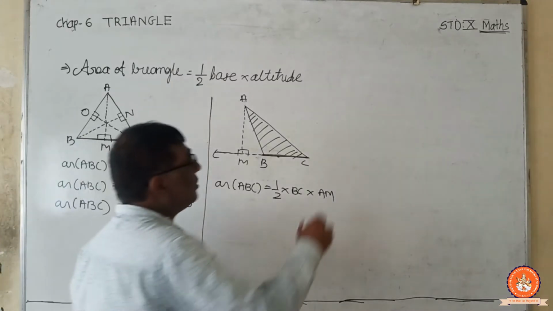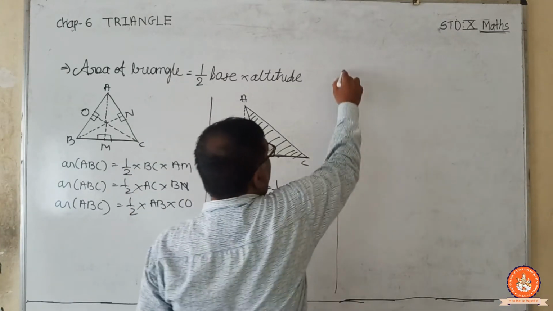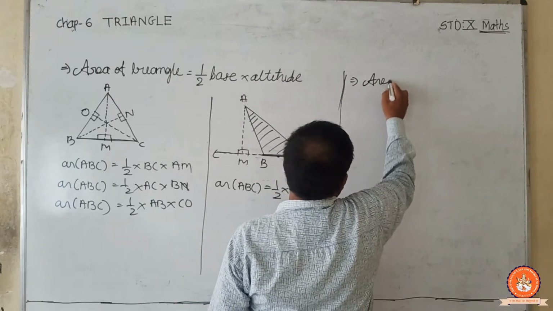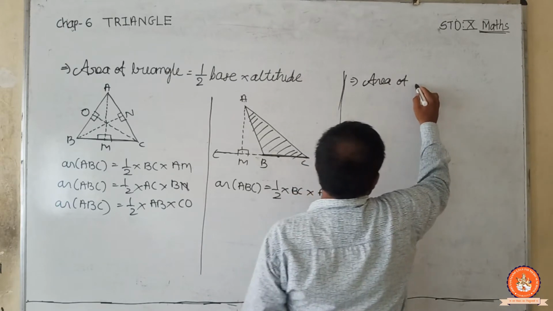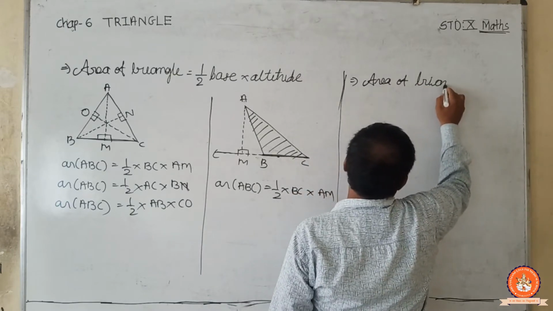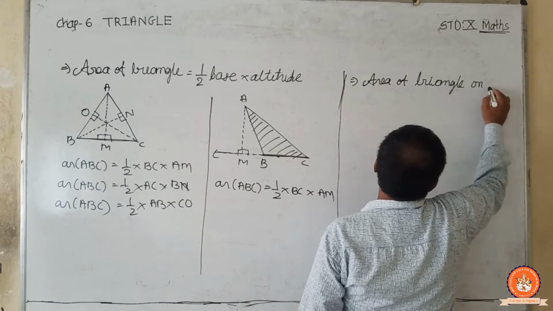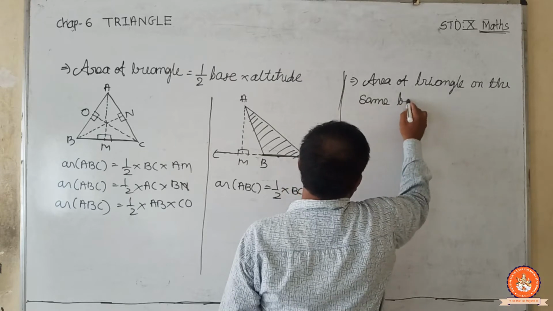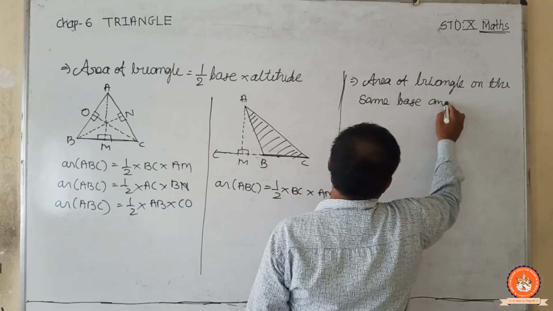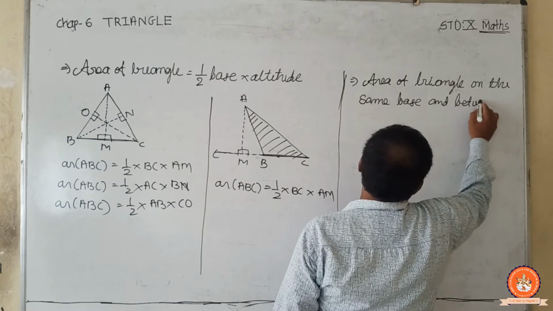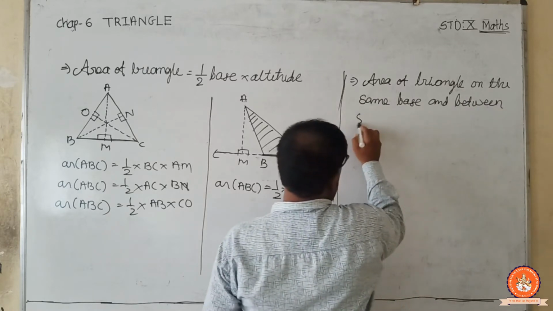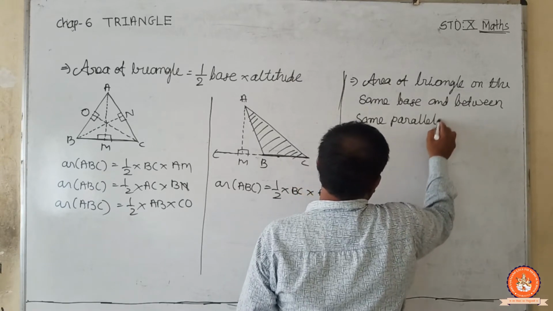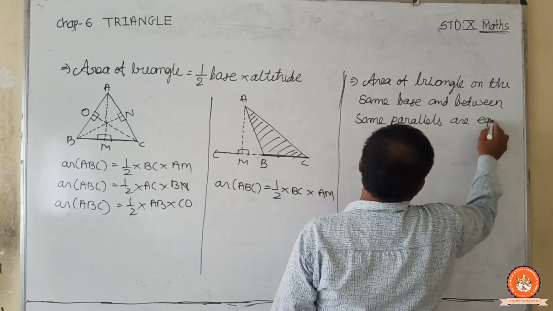Now one more thing we want to clear is that area of triangles on the same base and between same parallels are equal.